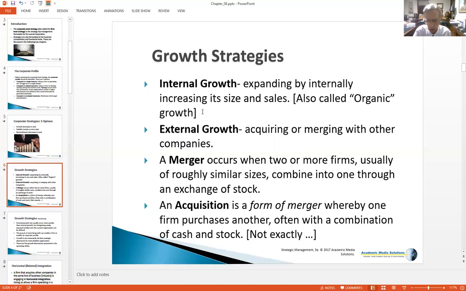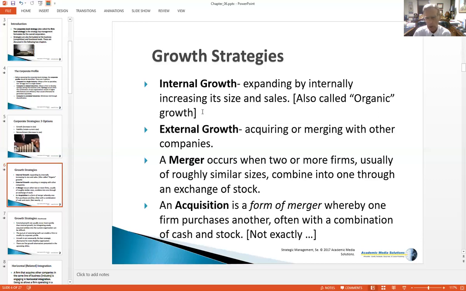That's the term that's normally used in my profession. And it's what John calls internal growth. The approach is simply to increase the sales and the capital investment in products and operations that the company has now.